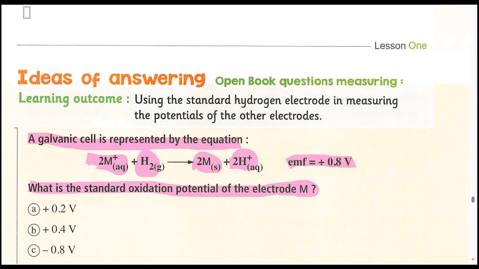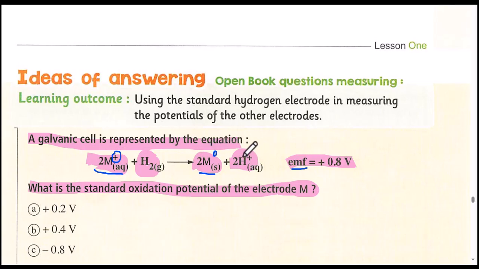We have to notice that what happened here at the M electrode is the reduction. So the electromotive force here refers to the reduction of the M electrode from positive 1 charge to 0.